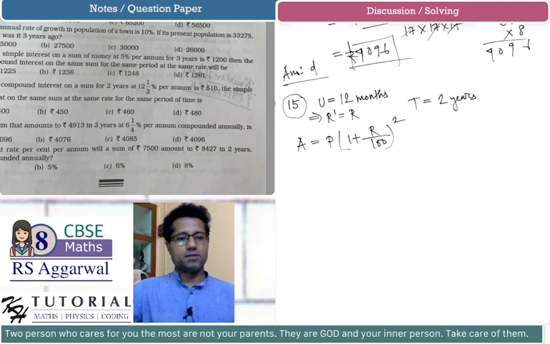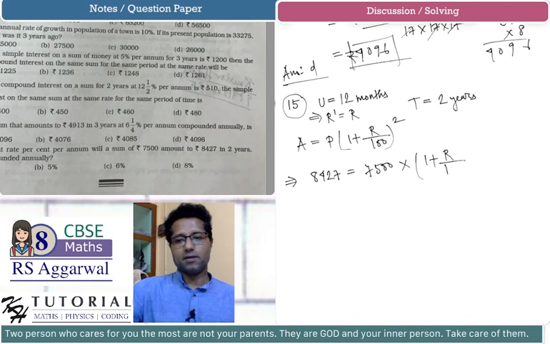Okay, so the sum and the principal is given. The amount is 8427 is equal to, the sum is 7500 multiplied by 1 plus R by 100 square.